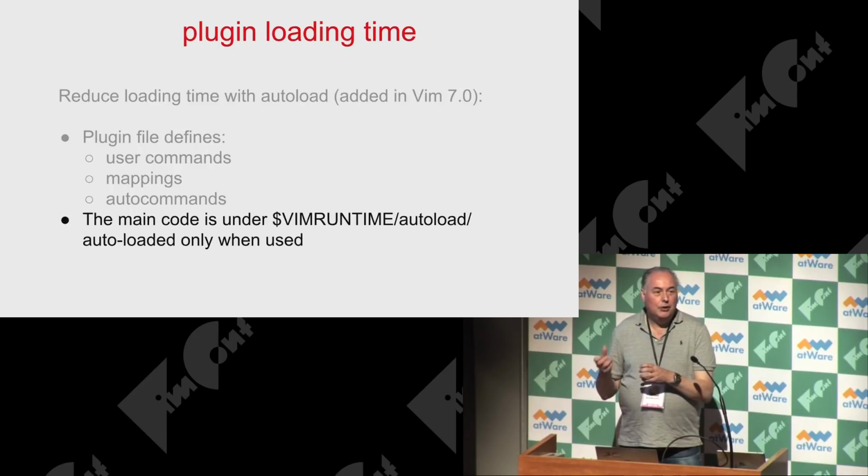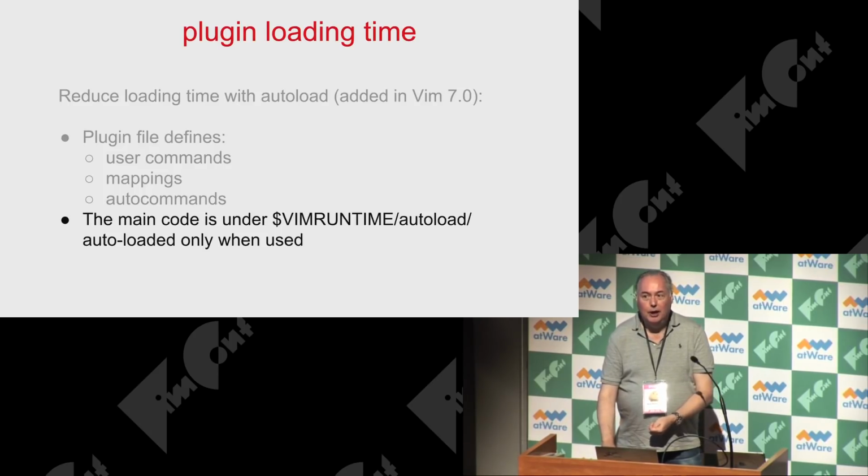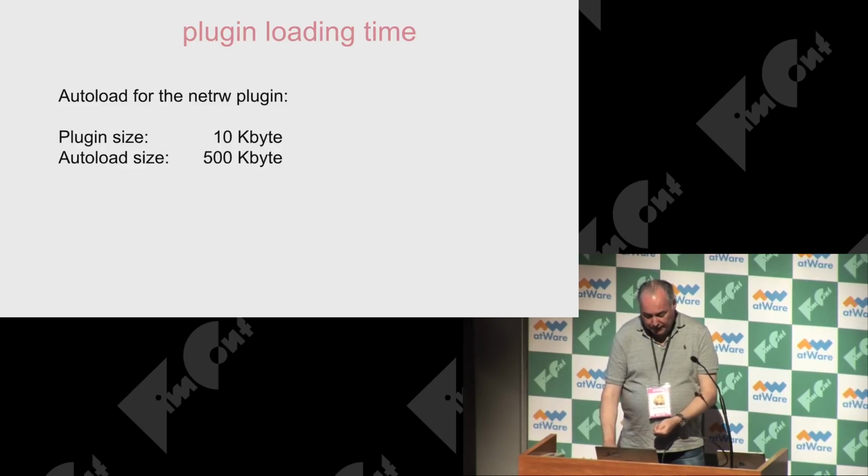So the moment the plugin actually starts doing something, Vim will see the auto-load name, and we will find the right script in the auto-load directory somewhere. This is a very useful, very powerful mechanism. It's been there for a long time, and I think not enough people know about it and use it.